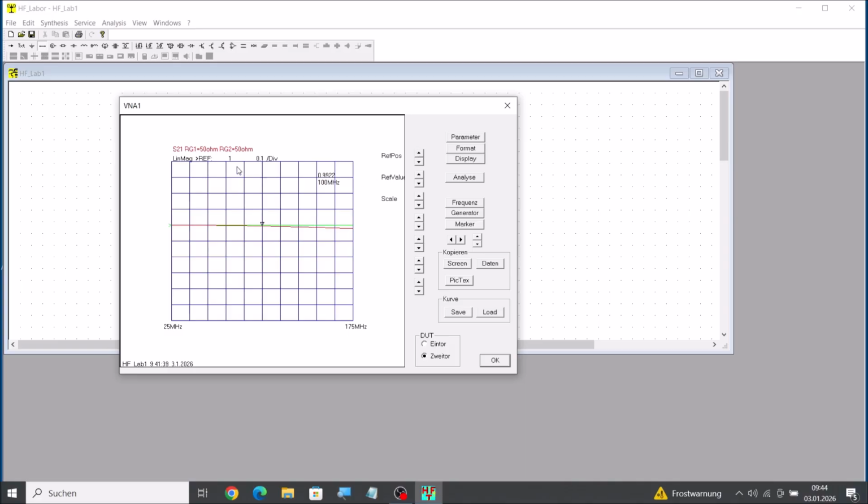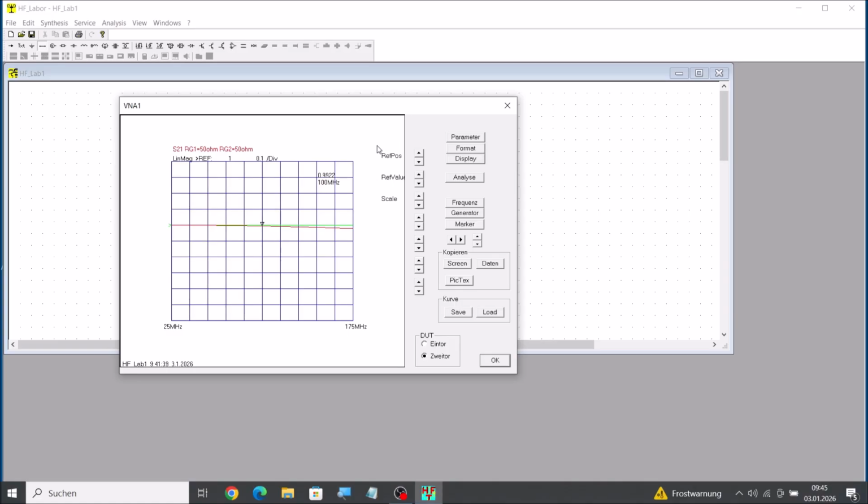So now the reference value is 1 here, and we have 0.1 per division, and we can read out a value of 0.9922, which almost exactly corresponds to the value we already got in the example.